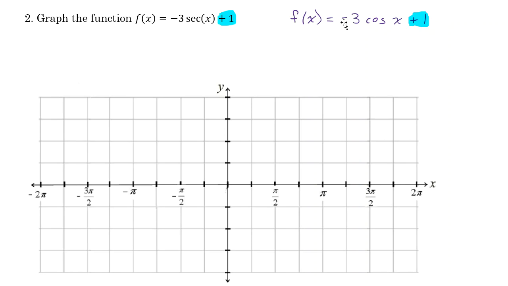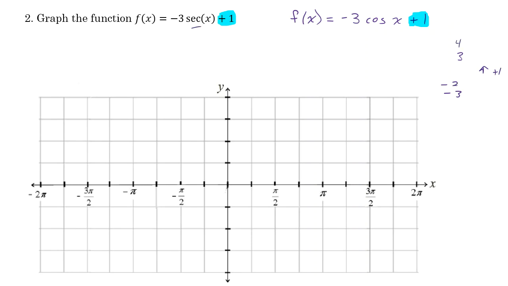The negative here is going to flip the cosine over, so instead of starting high and making a big valley, it's going to start low and make a big hill for the period, and it has an amplitude of 3, so it's going to go from 3 to -3 even before we shift it. Once we shift it up 1, it's going to go from -2 up to 4.